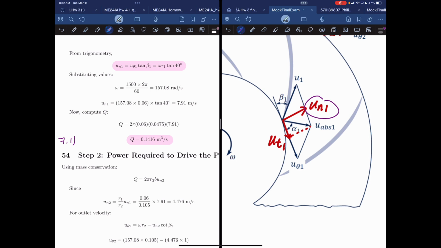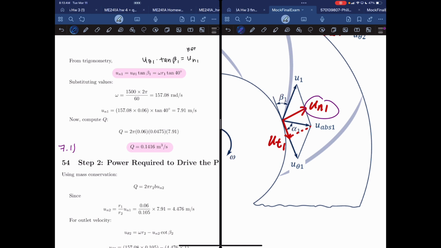You don't really have an angle for it. So then you use the angle for beta, which is the tangent. So tangent beta 1 times radius 1 omega was equal to the, sorry. Does that make sense? Yeah, that makes a lot of sense.